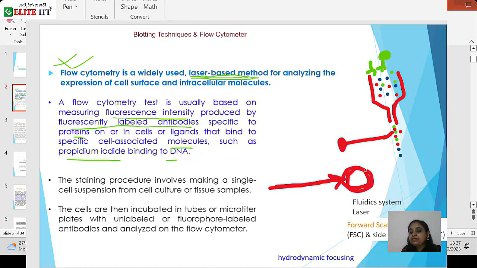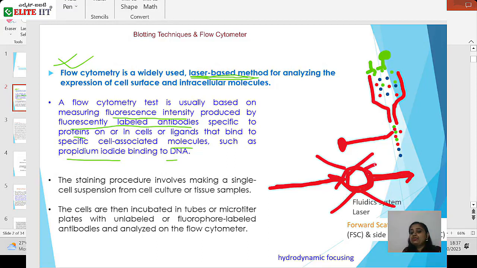One is straight scattered light, that is forward scattered light, and another is known as side scattered light. In this way you will get a lot of scattered light.